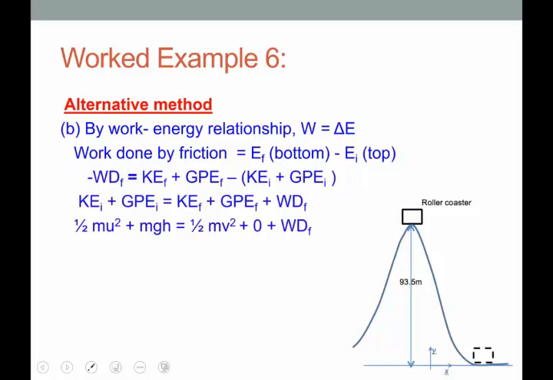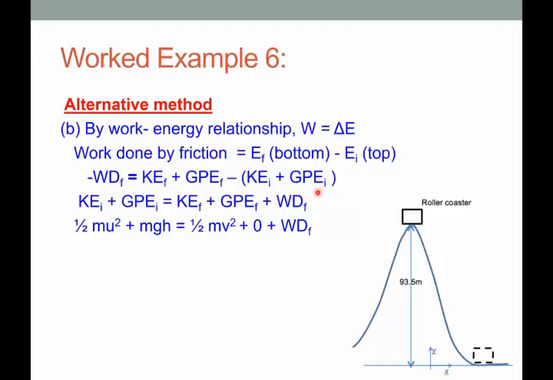Work done by friction is negative, so we put a negative work done by friction. This equals the kinetic energy at the final plus the gravitational potential energy at the final position, subtract the initial KE plus the initial gravitational potential energy.